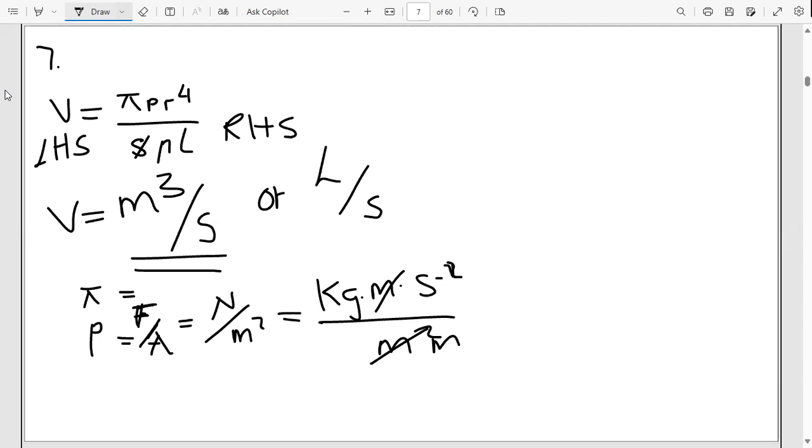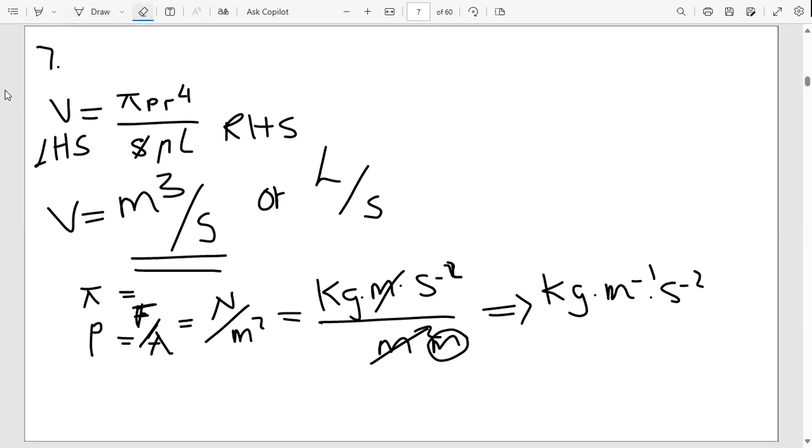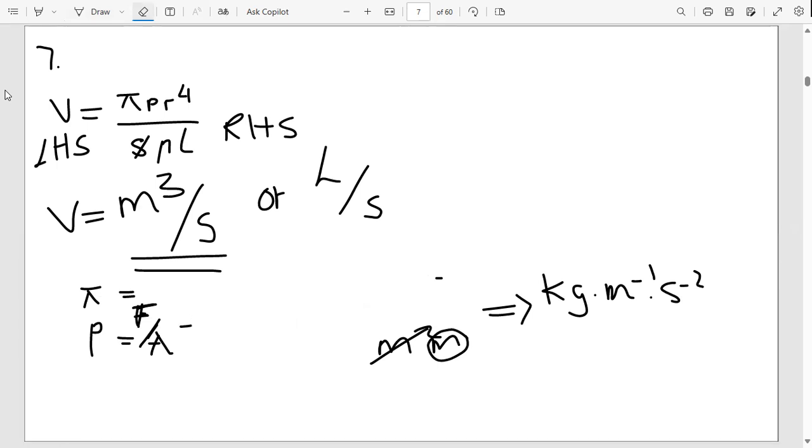So the dimensional units for pressure are going to be equal to kg, then m to the power minus 1, and then per second squared, so we multiply by second to the power minus 2. To save some space, I'll just write it here. I just wanted to show you how we are coming up with the actual dimensions for pressure.